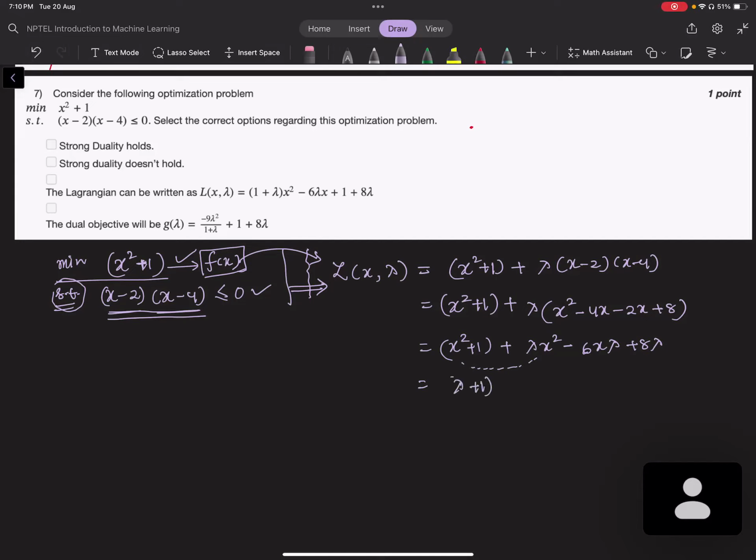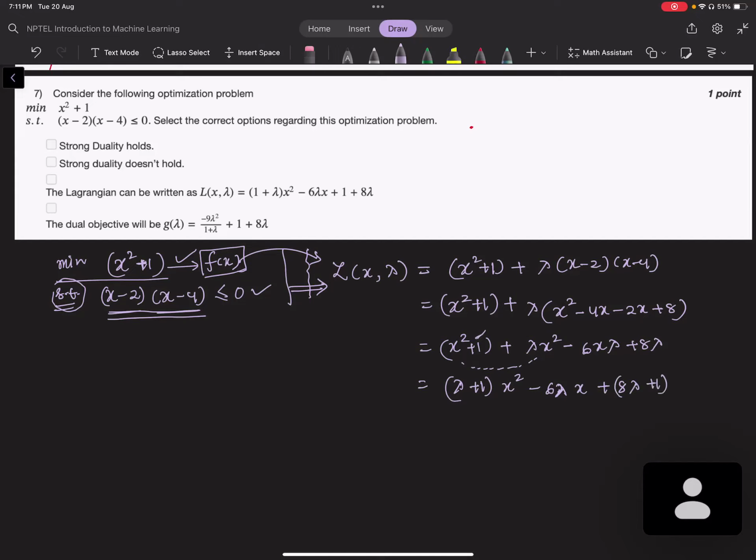So it should be (lambda plus 1) x square minus 6 lambda x plus 8 lambda plus 1.